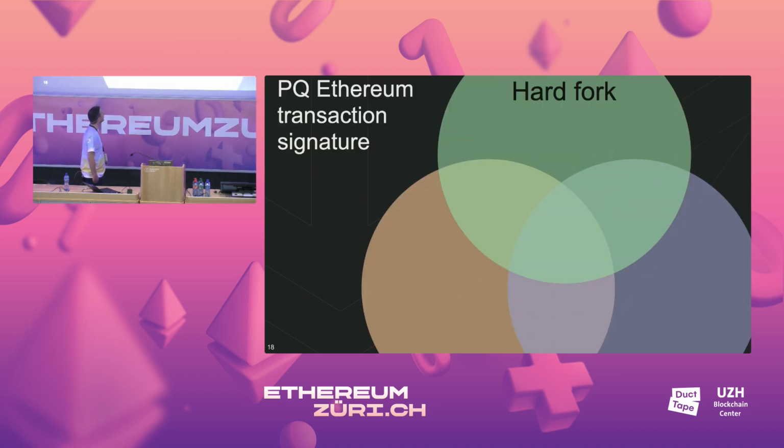So, about replacing ECDSA. I've been trying to split the problem in three parts: how can we replace ECDSA with a new algorithm? The first option is to do a hard fork. Doing a hard fork means doing a new EIP, doing a new release of Ethereum, and it's not easy.